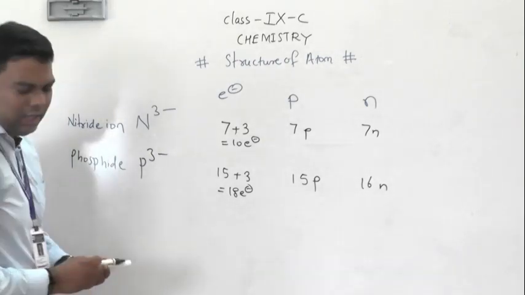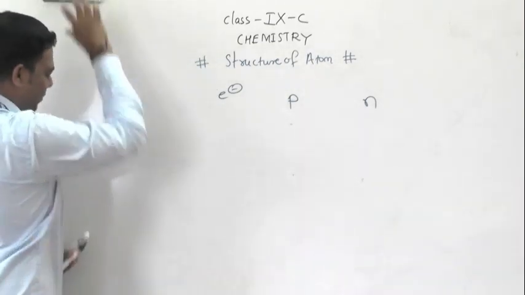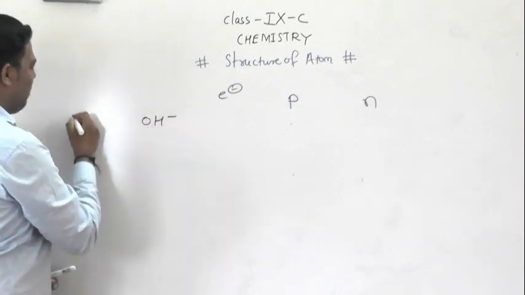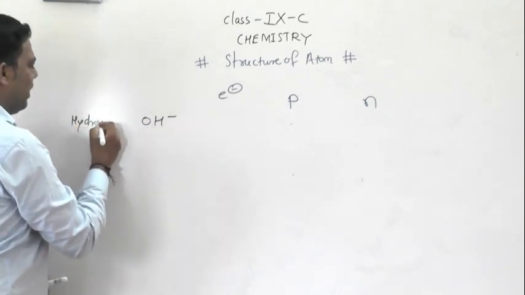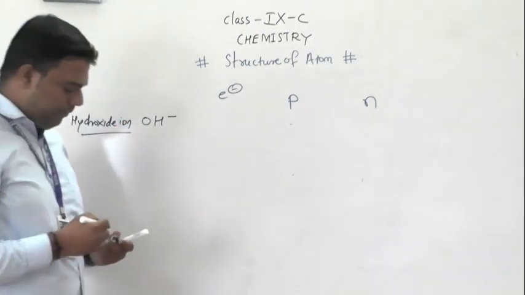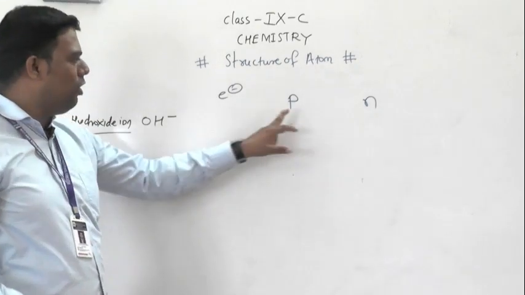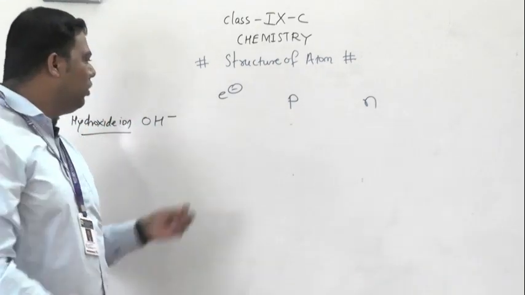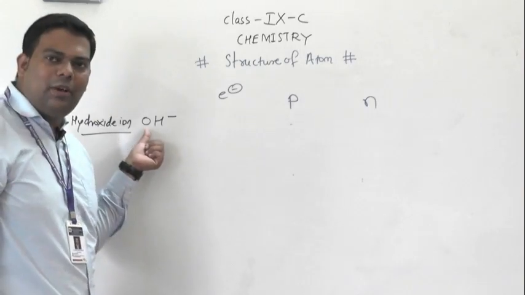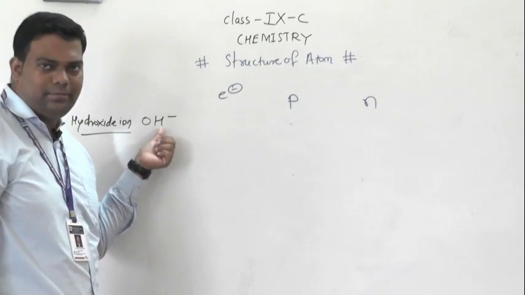So now we will take another example also. Suppose the hydroxide ion, OH minus, which is your hydroxide ion. From the hydroxide ion we are going to calculate the number of electrons, protons and neutrons. For the number of electrons, the atomic number of oxygen is 8 and hydrogen is 1, so 8 plus 1.